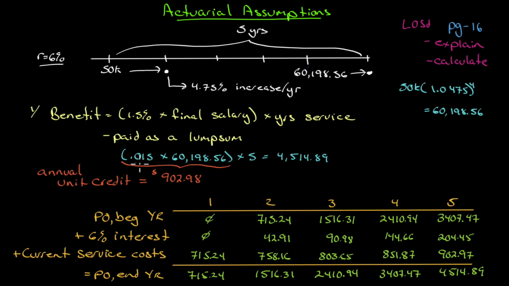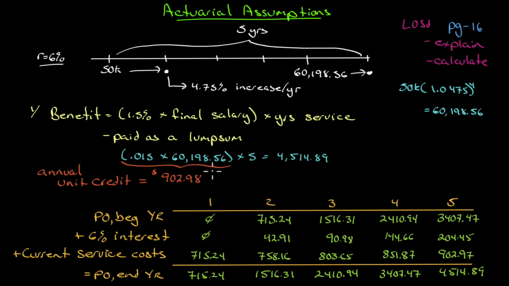That's called an annual unit credit, where for each year, since the final salary stays the same as we calculated, and the percentage benefit stays the same, this 902.98 stays the same every year. That's our service cost every single year. When we present value that back to each specific year, that's where we get a differing service cost each year, the time value of money. But our annual unit credit is 902.98 in this particular respect.